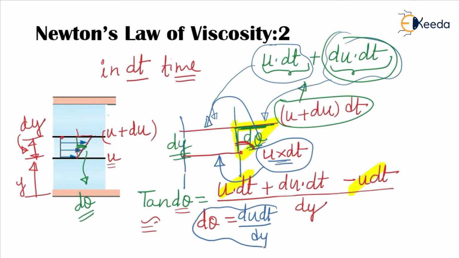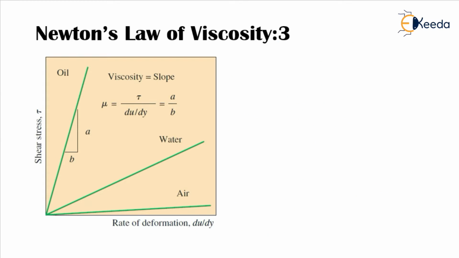So remember this expression, which we can simplify further, and we can write that d theta over dt is equal to du over dy.